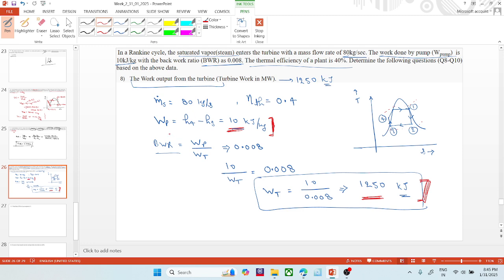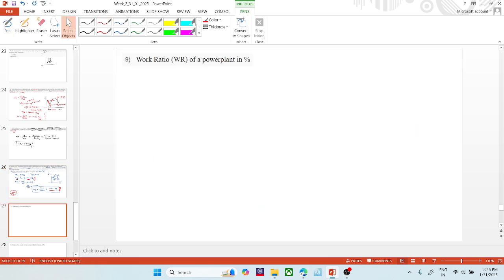So in the Rankine cycle, we have decreased the pump work significantly compared to the Carnot cycle, so that the work ratio is significantly increased. This is the advantage here. The pump work is almost negligible compared to the turbine work.